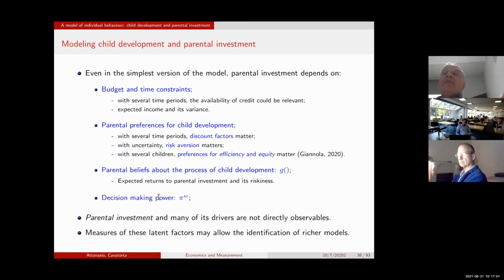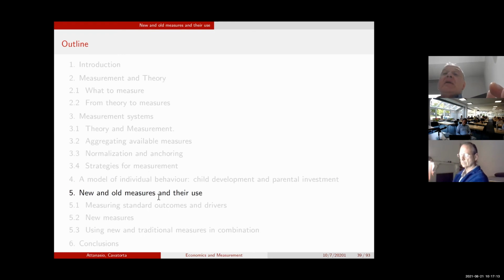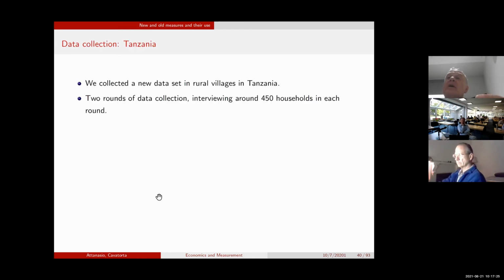Now, parental investment and many of these drivers are not directly observable. And so one could try to get measures of this latent factor that they might identify. So that's what we did. We went to Tanzania and we tried to construct a number of new measures. Some are old measures and standard stuff, but we added the new stuff.